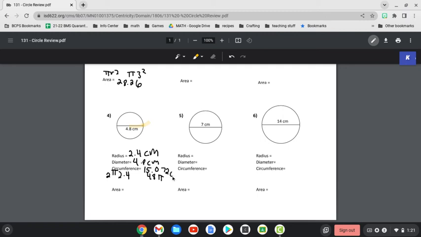So now it's time to find the area. And area is equal to pi r squared. We know the radius. They gave us the diameter, so we were able to find the radius. So it's pi times 2.4 squared. Remember, we want to use the smaller number here. Starts in the center and goes to the edge, radiates out.